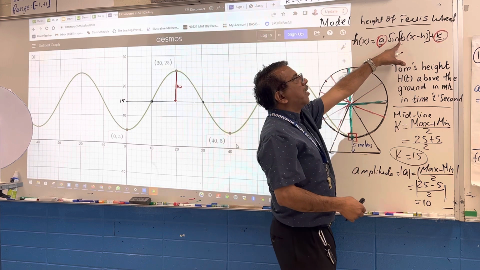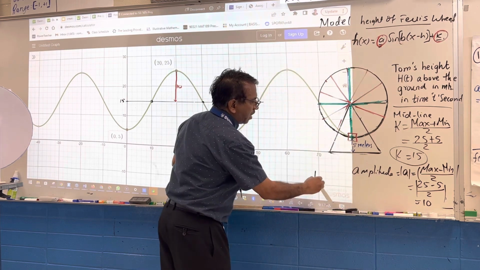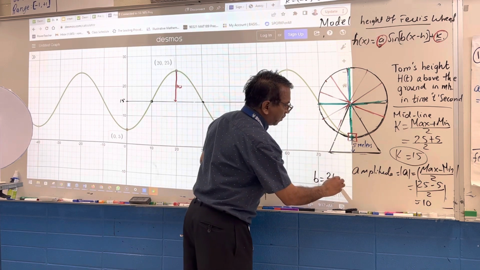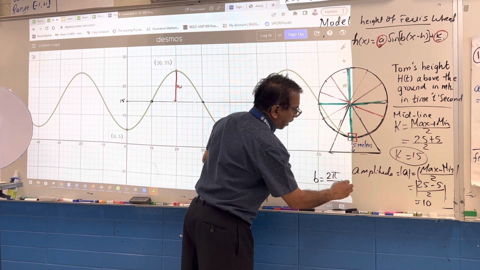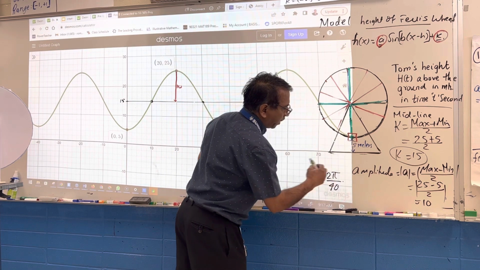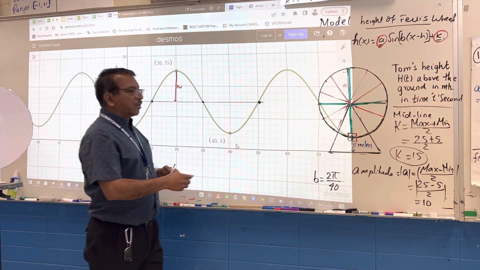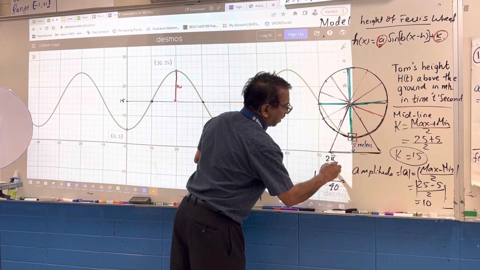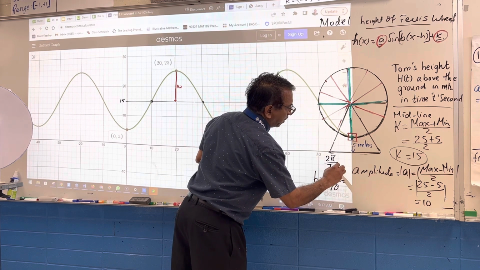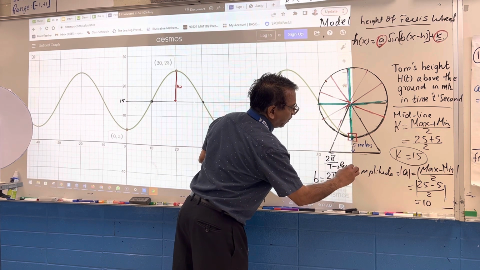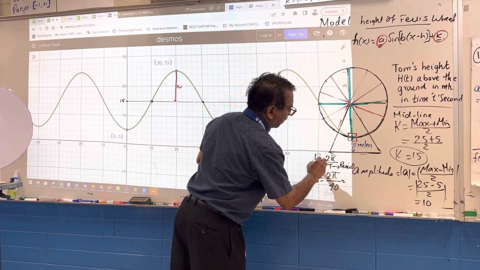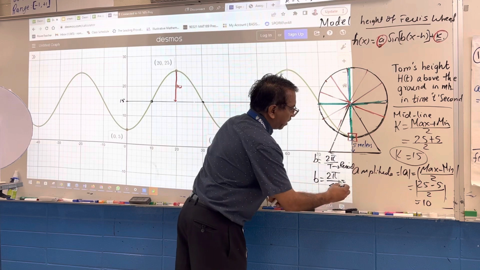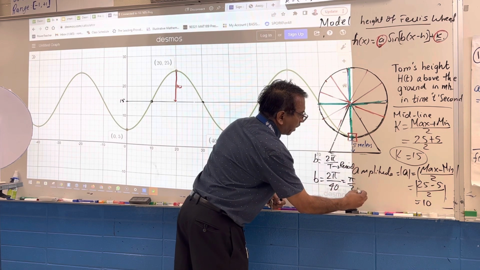We need to figure out what B is. The period of the sine function is 2 pi, so B is 2 pi divided by T, where T is the period. In this case it takes 40 seconds, so I plug it in here and you get pi by 20.